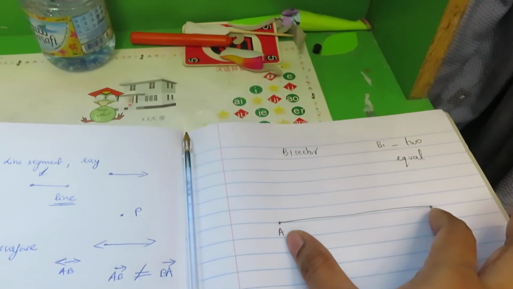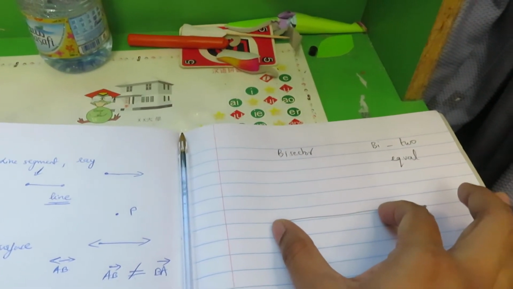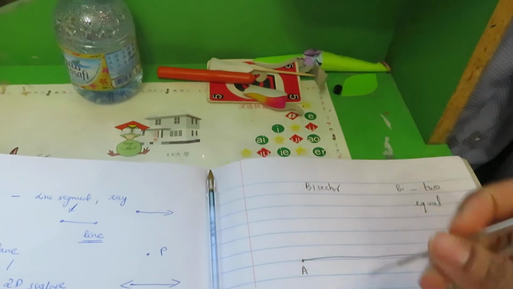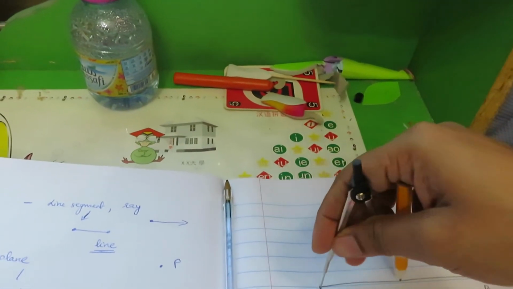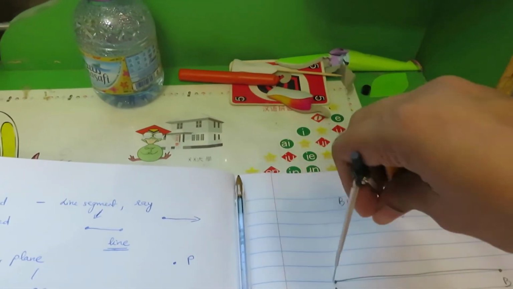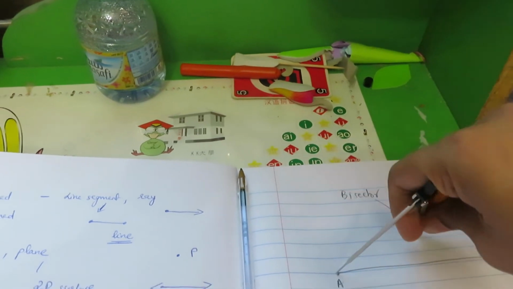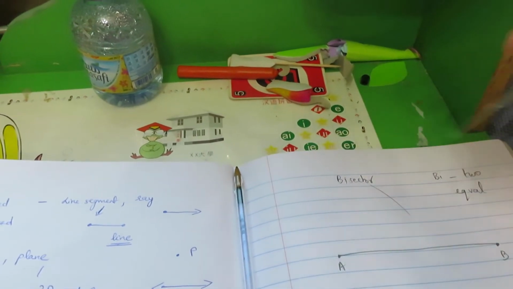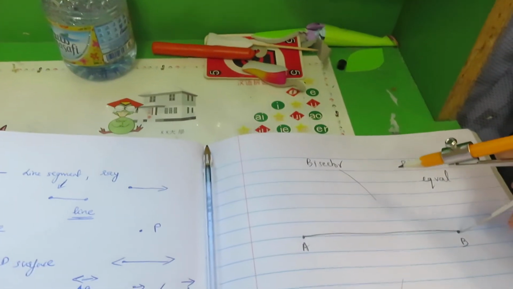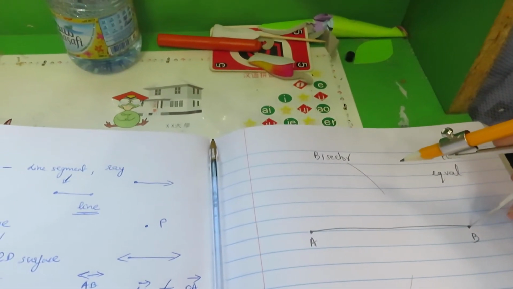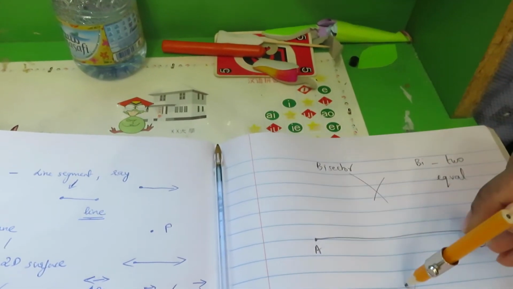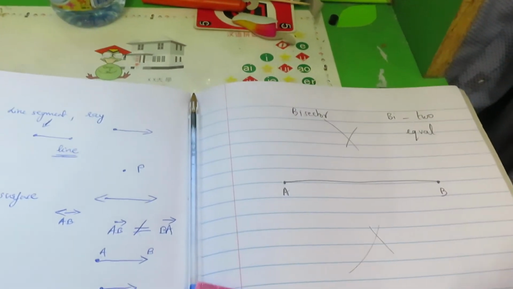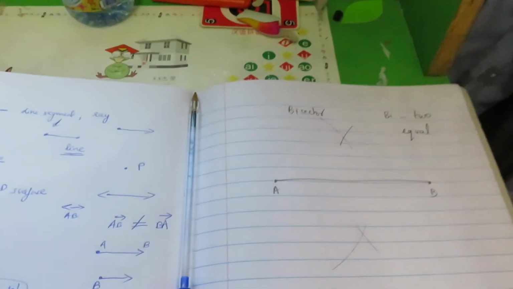So when you can judge and you see that almost this much could be greater than half, right? So you take an approximate amount which is a measure greater than half. You draw an arc on the top and the bottom, and you keep it on the other end of the line segment, the point B. You draw an arc on the top and the bottom. That's it. That's how you draw a perpendicular bisector.